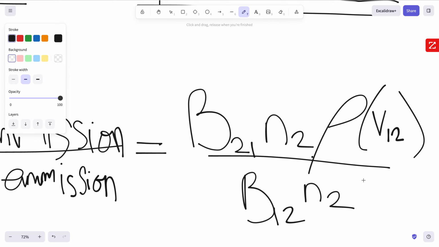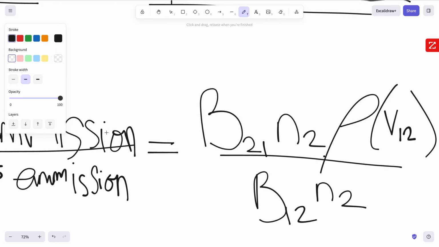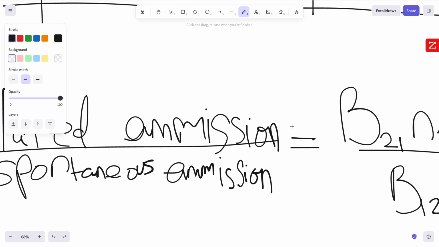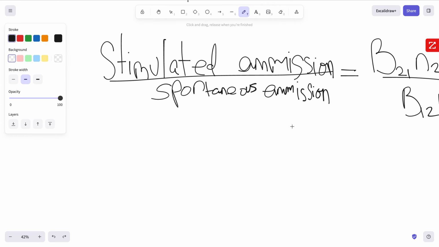So this is our first equation. Each of these terms basically describes what's written. And so then stimulated emission.